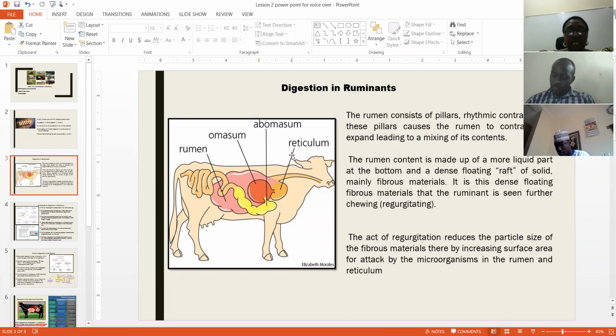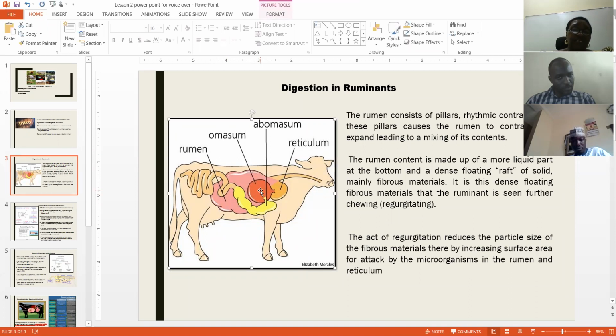What you can see here, you are seeing a reticulum: once the food enters the mouth, it gets into the reticulum. But there is no distinct difference between this reticulum and the rumen. And sometimes this whole area is referred to as the reticulorumen. You see a small area here that is referred to as the omasum. This area serves as a sieve.